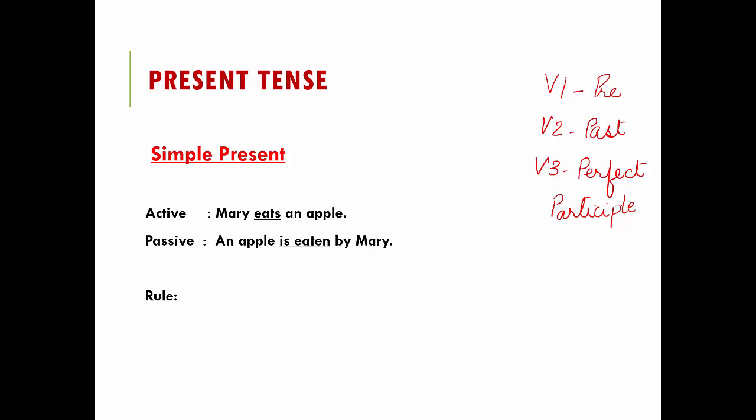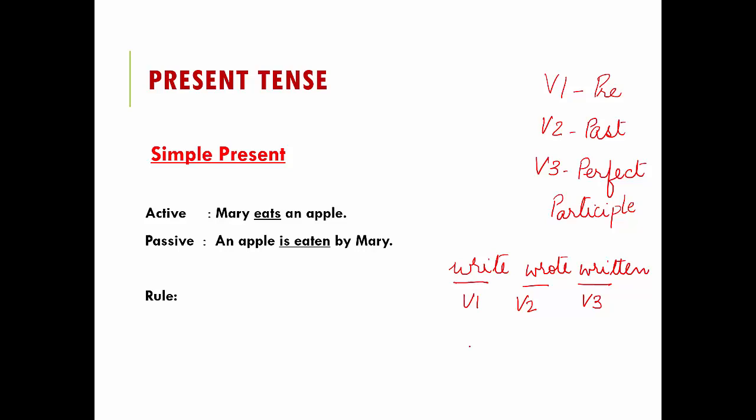For the time being, please keep looking to the right side of your screens. When I am talking of a verb, write. Write is the present tense. Wrote is the past form, and written is the perfect or the participle form. So when I talk about write, this is V1, wrote is V2, and written is V3.